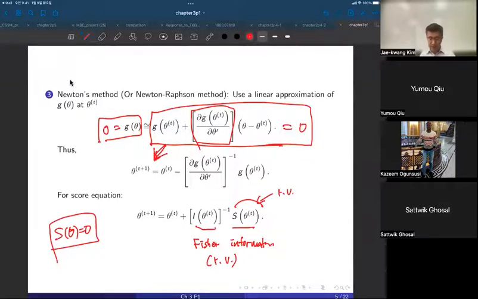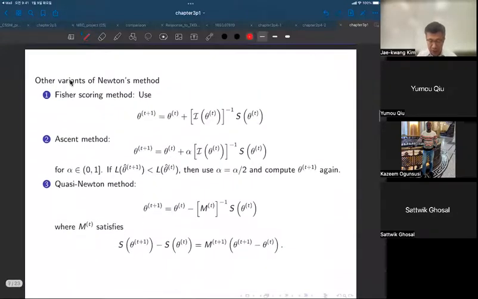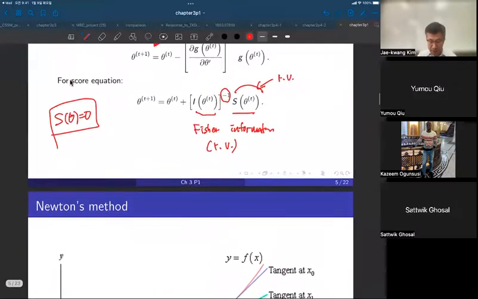So the idea itself is good, but because this is a random variable, you may not always have an inverse. It may not be invertible in some cases. So numerically, we may want to change it. This is the Fisher information, and its inverse is very unstable.